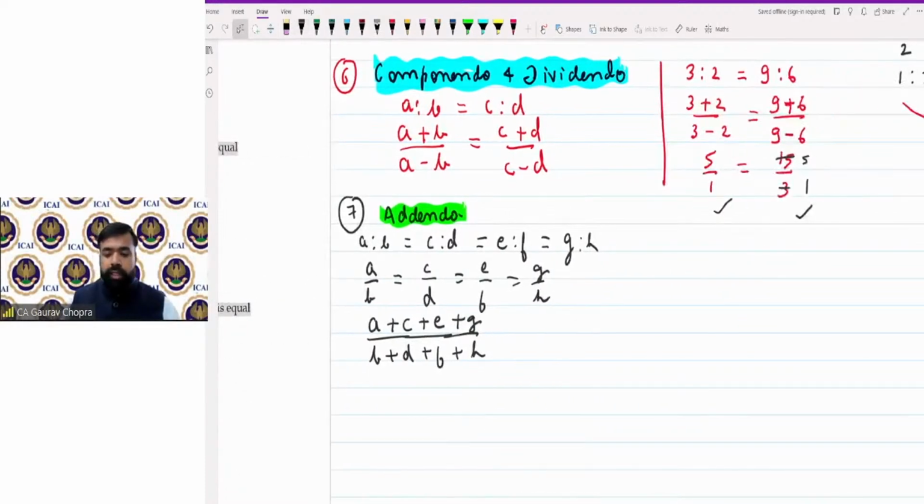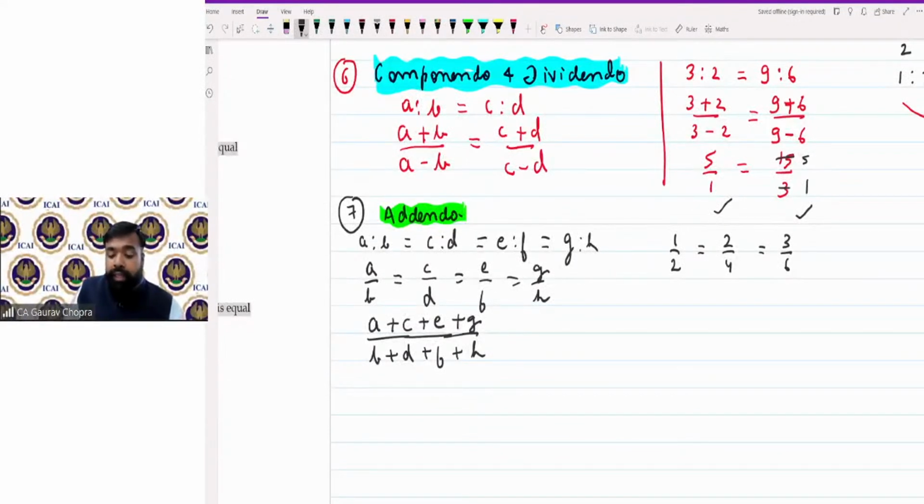So let us understand this also. Let's say 1 by 2 is given, 2 by 4 is given, 3 by 6 is given. If you cancel 2 by 4, you will get 1 by 2. If you cancel 3 by 6, then also you will get 1 by 2. That means they are equal. They are at present in proportion. If we apply addendo, then we have to check whether they will be in proportion or not.